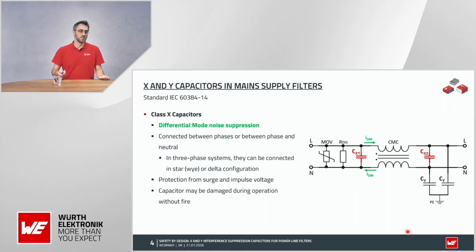They can be connected in star or delta. The main function of X capacitors is to suppress differential mode noise. Differential mode noise is when we have noise current flowing in different directions in each phase.